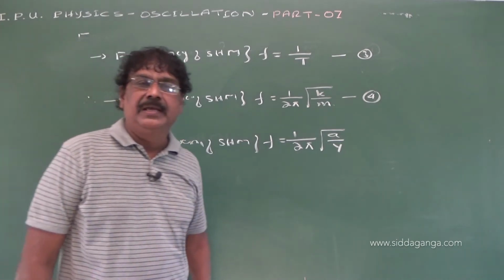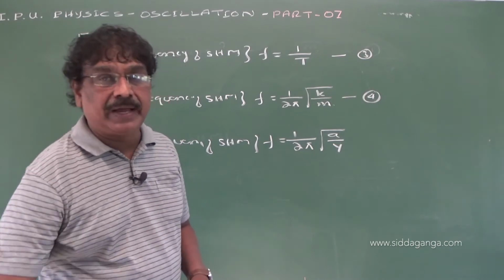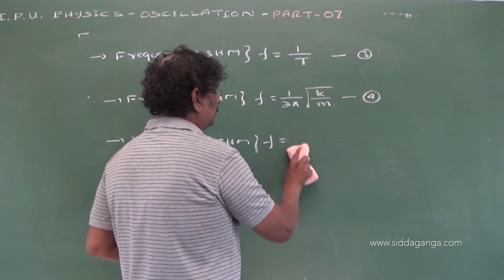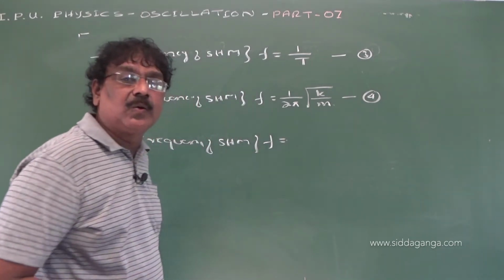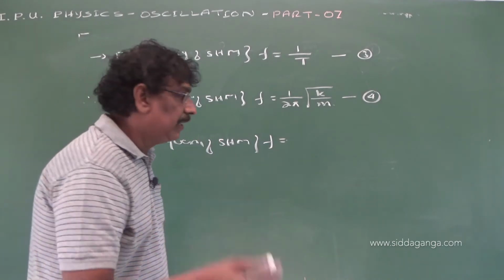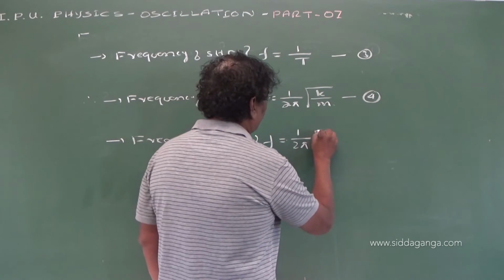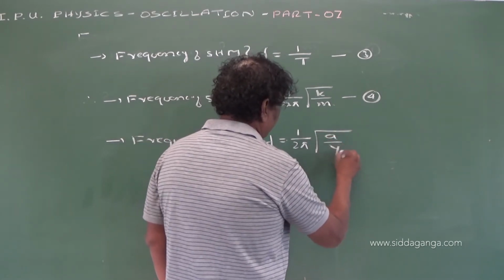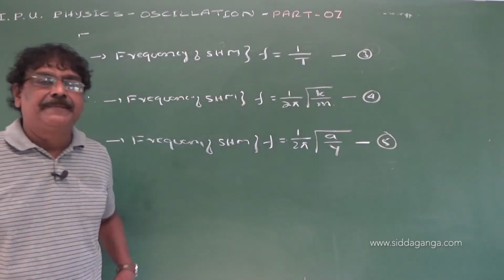Remember equation 2, T is equal to 2π times the square root of y by a. Therefore here it is 1 by 2π times the square root of a by y. This is equation 5.